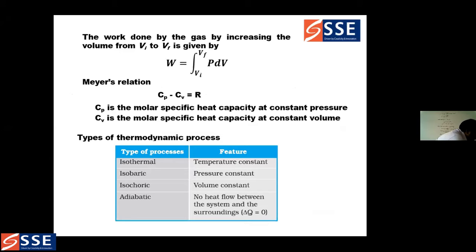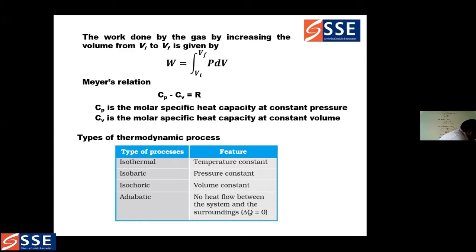So okay, the work done by the gas by increasing the volume from initial volume to final volume is given by the work done. You have to note this formula. This is a very important formula. W is equal to the integration from initial volume to final volume of the pressure, P dV.